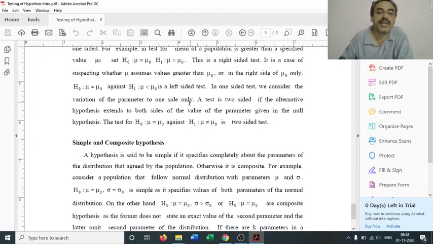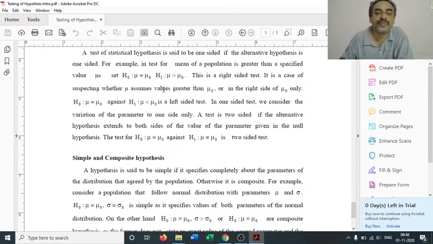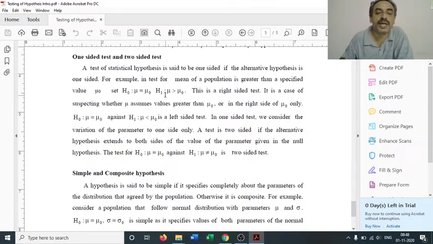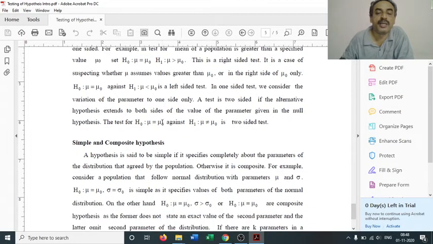Likewise, we have the left-sided test, H1: mu less than mu 0. So in one-sided test we have right-sided test and left-sided test, and in two-sided test we have H0: mu equal to mu 0 against H1: mu not equal to mu 0. Here we extend towards the left and right sides of mu 0, that is, the suspected value mu 0.